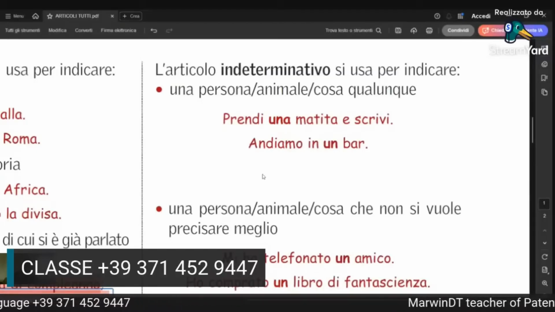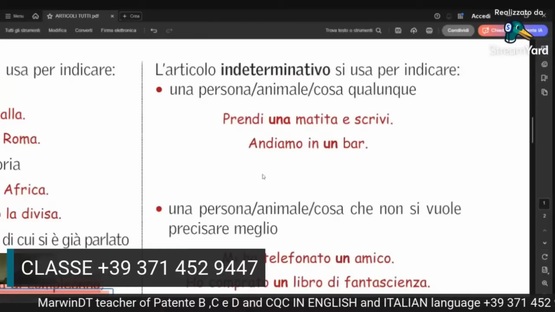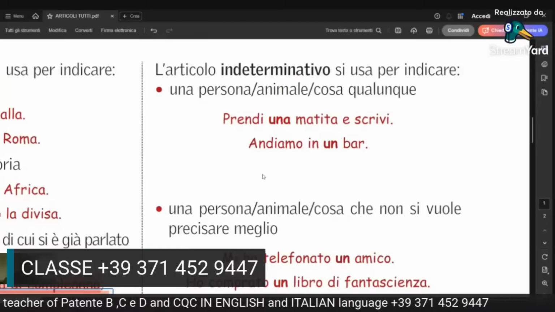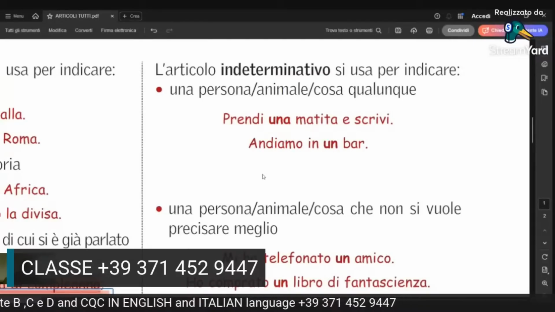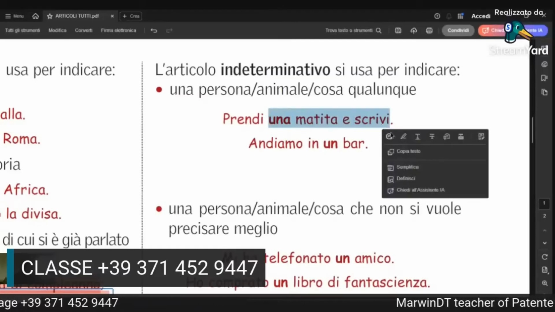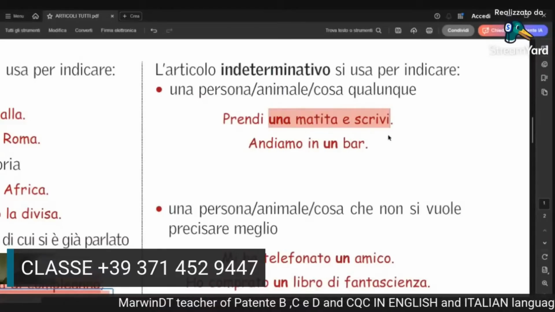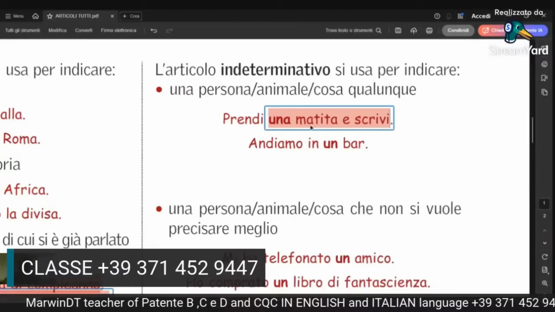So prendi means take. Una matita, it is not specifying a specific pencil to take, but any pencil. So prendi una matita e scrivi. So it does not specifically tell you which pencil, but it only says take a pencil and write.